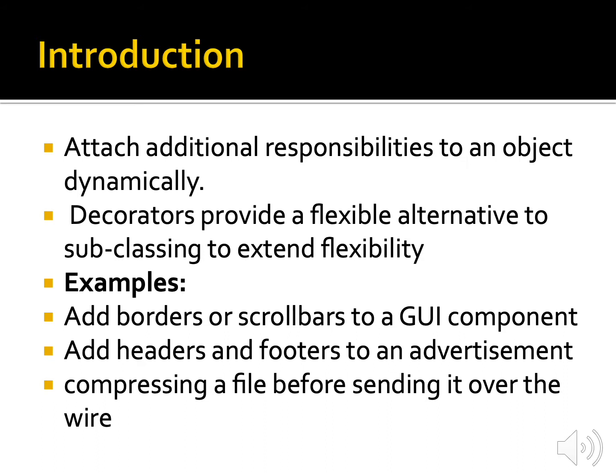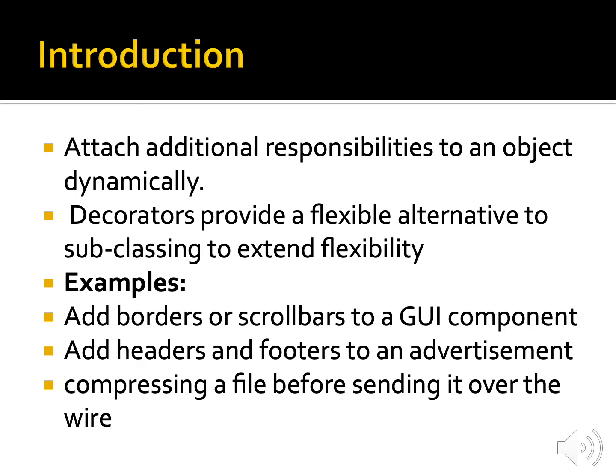For example, let's say you have a GUI component. For example, you have a scroll bar, you have a text view, you have a button, you have a content area. And you can add different other contents or objects into that GUI component. For example, you can add borders, you can add a scroll bar.